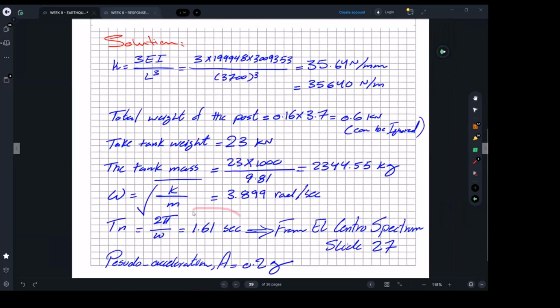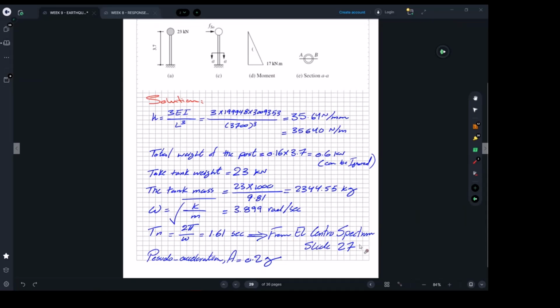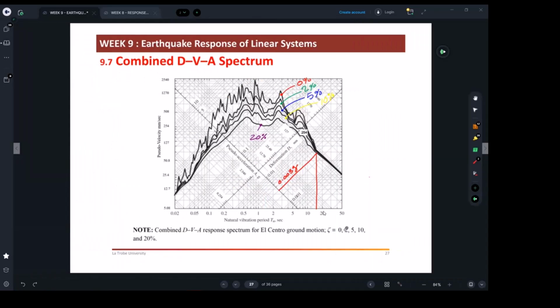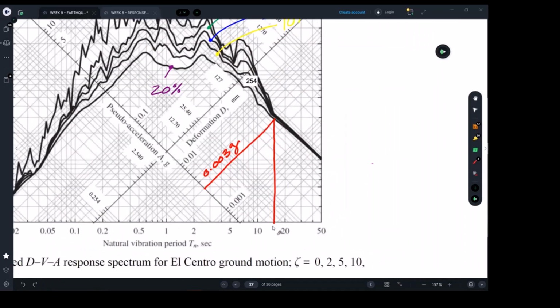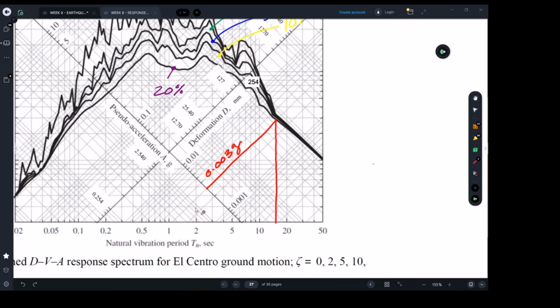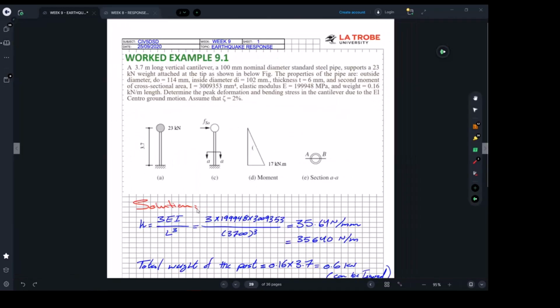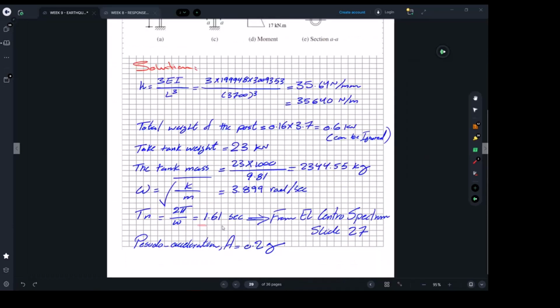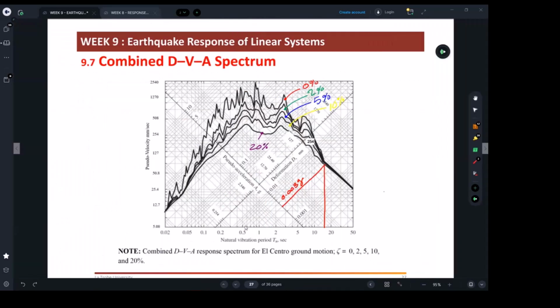Now, after you have estimated your time period by using this chart, you should be able to... what was the figure again? That was 1.61 seconds.